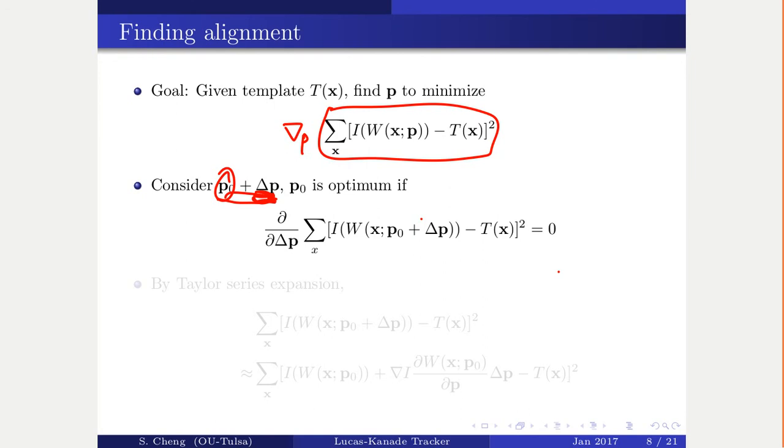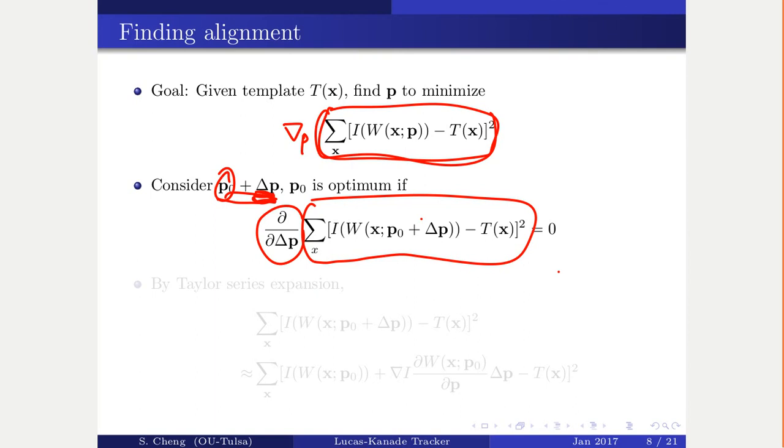Delta p is supposed to be small, so therefore we can do a Taylor series expansion. So instead of minimizing this, we're trying to minimize this, and to do that, we will take the derivative with respect to delta p and set it to 0.